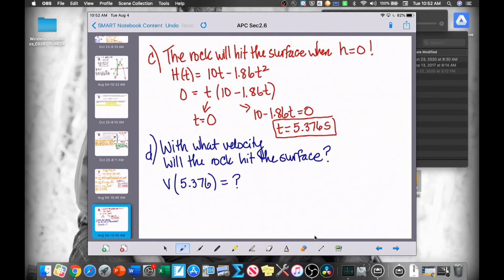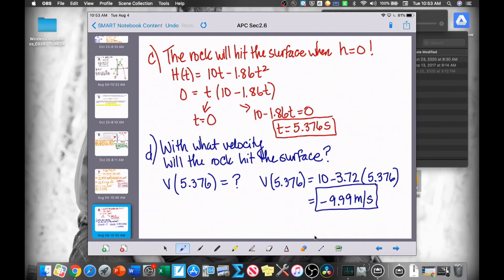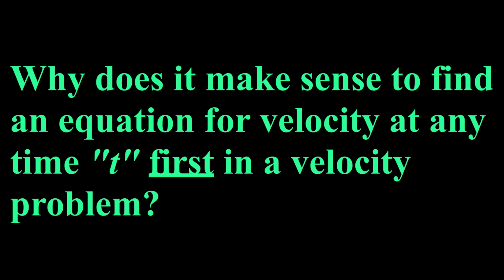Well, that's easy enough. We just take our velocity equation and we do v of 5.376, which is equal to 10 minus 3.72 times 5.376. We do the math, and we get negative 9.99 meters per second. So that tells us that the rock hits the surface with a velocity of almost negative 10 meters per second.